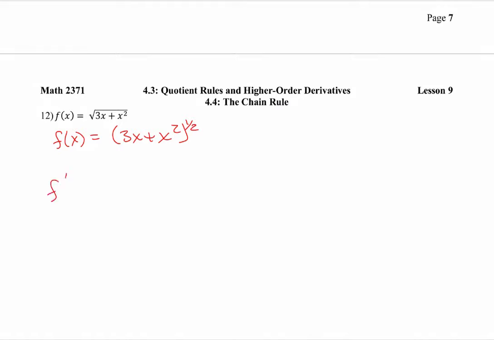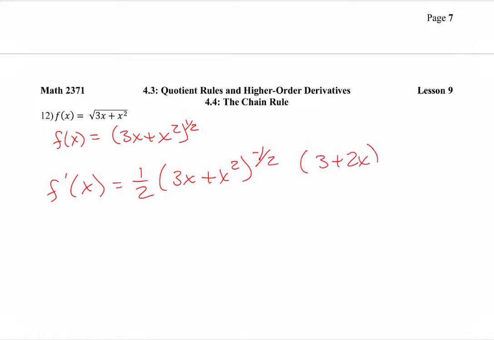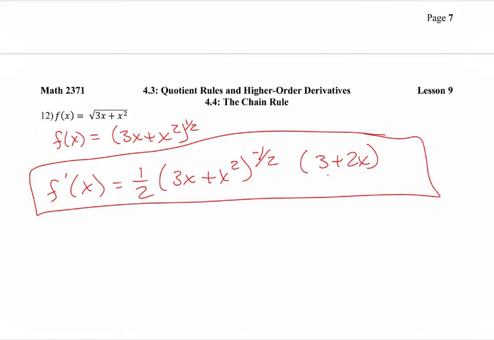So then f prime of x equals 1/2 times (3x plus x squared) to the negative 1/2 times (3 plus 2x), because that's the derivative of the inside. Again, I can leave it alone because there's nothing to simplify. If I multiply this through, it does not simplify my expression any. So I'm done.